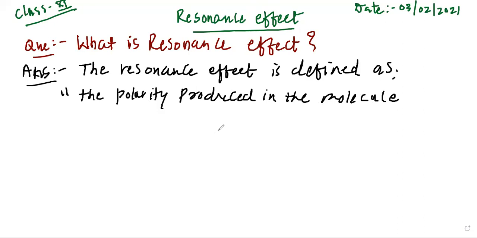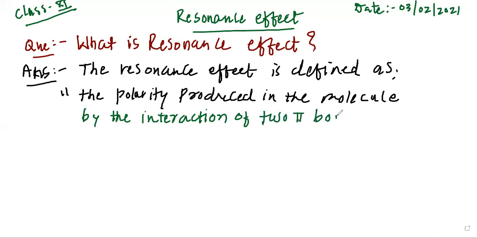The polarity produced in the molecule by the interaction of two pi bonds. How is this polarity produced? This polarity is produced in the molecule by the interaction of two pi bonds, or between a pi bond and a lone pair of electrons present on an adjacent atom.